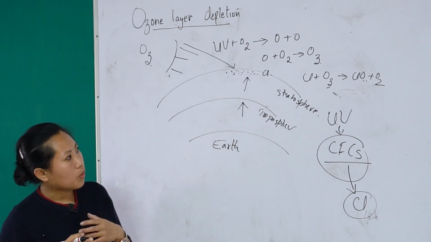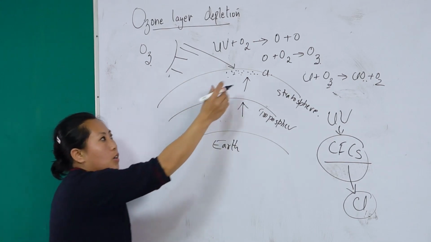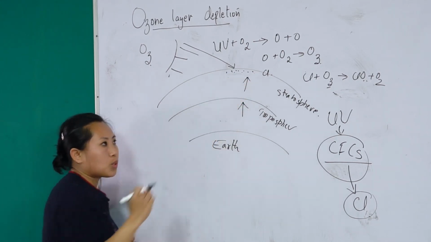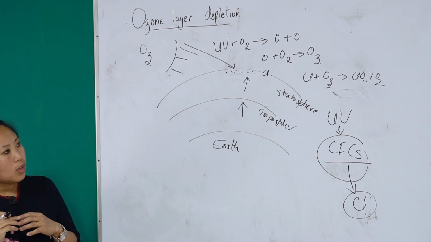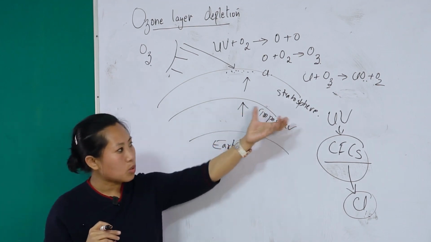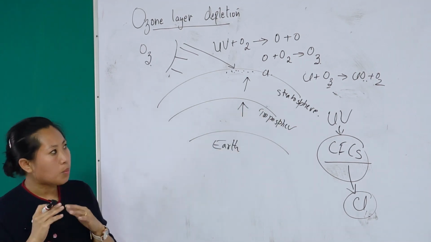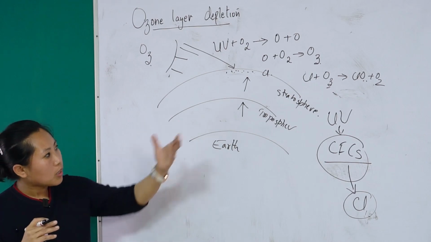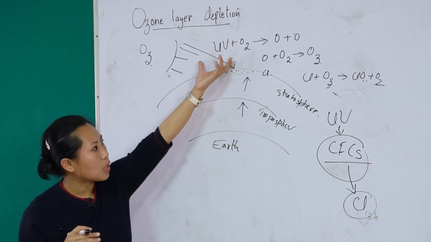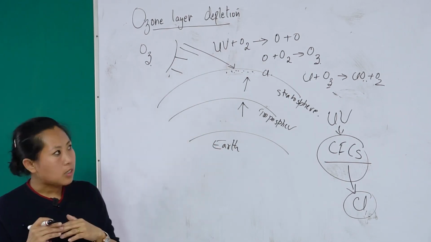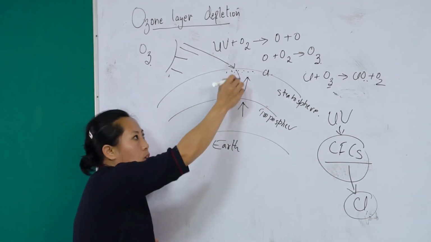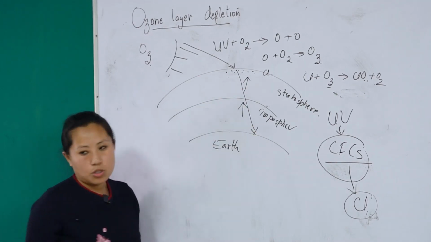So this layer gets thinner and thinner. The ozone layer, which is present in the stratosphere and acts as an umbrella or shield protecting the Earth from harmful ultraviolet rays, gets thinner and thinner, allowing the ultraviolet rays to reach the Earth.